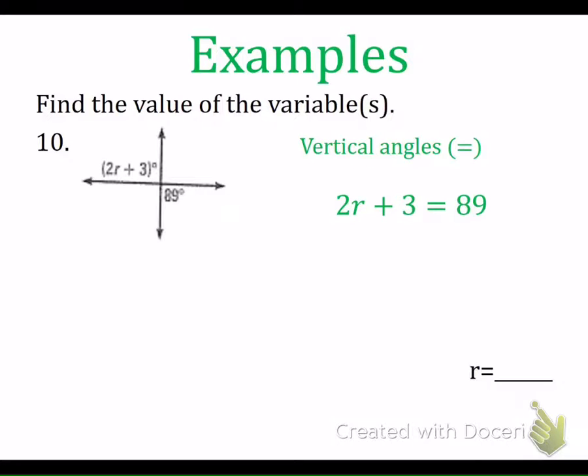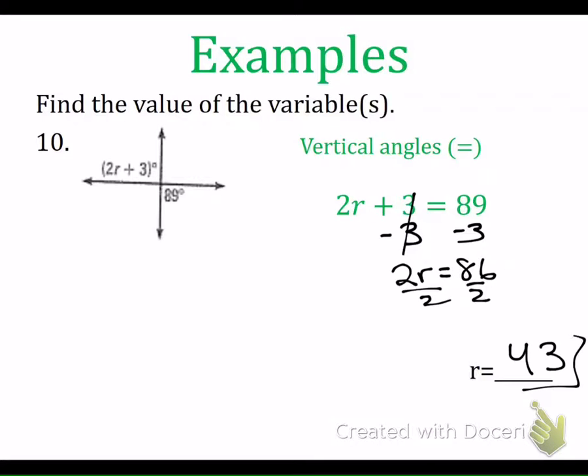Subtract 3 from 89, and then 2r equals 86. Divide by 2, which is 43. Good. And remember, you can always double check. You can plug it back in for the r. Do the math. If you get two angles that aren't equal, you know you did something wrong.